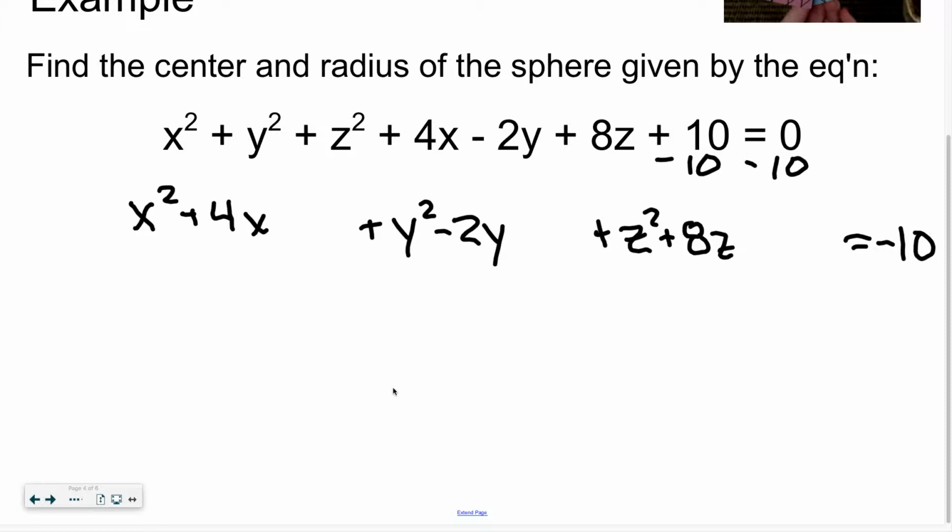What number completes the square for the x's? 4. How'd you get that? 4 divided by 2, the middle term, 4x, divide its coefficient by 2, that's 2, and then square it, so 4. If I put a plus 4 over here, got to put a plus 4 on the other side. What number completes the square for y squared minus 2y? 1.